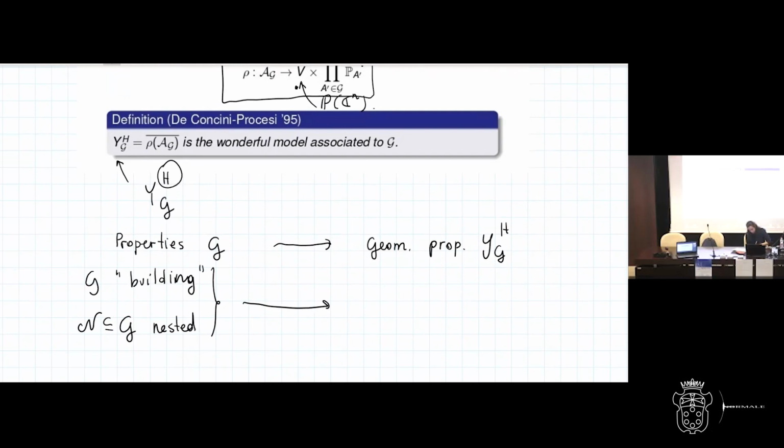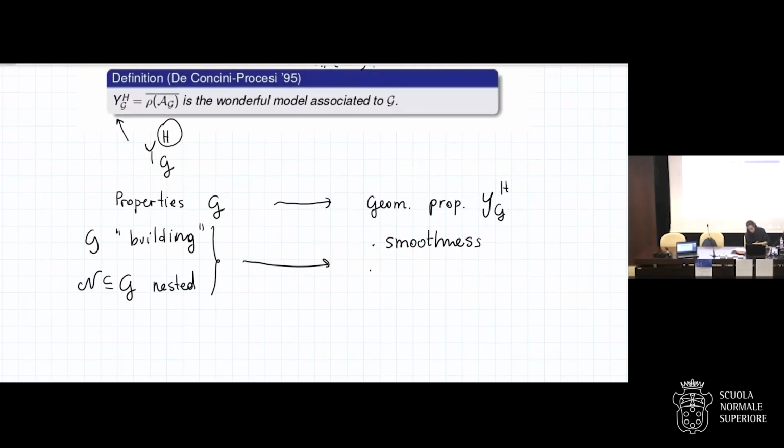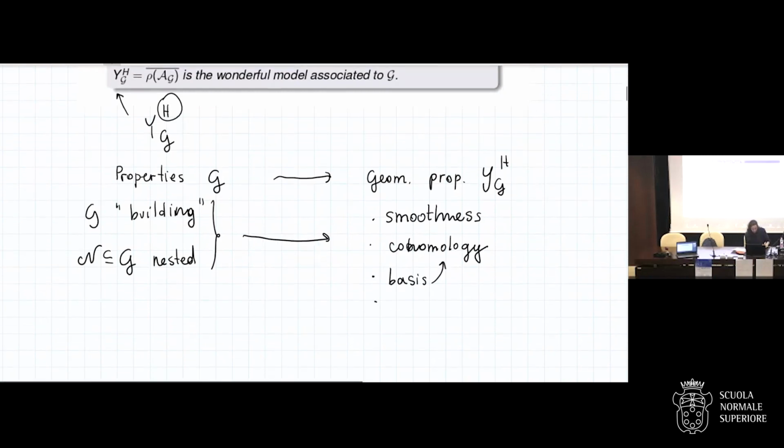Then one can recover smoothness of this variety, a description of the cohomology ring, a description of a basis of the cohomology, and finally also study the boundary components of this variety, even though we are not going to study this today.